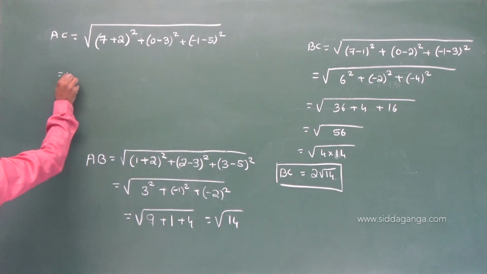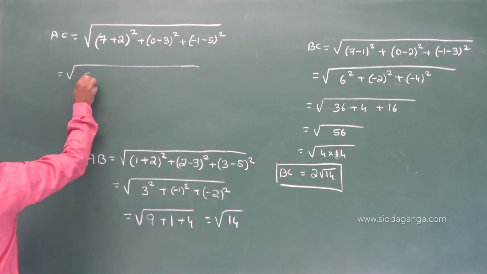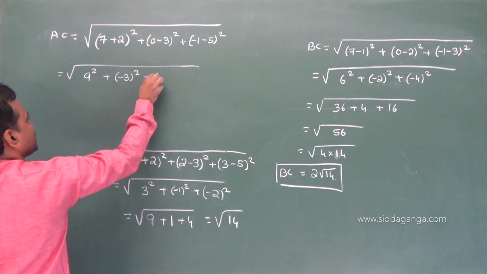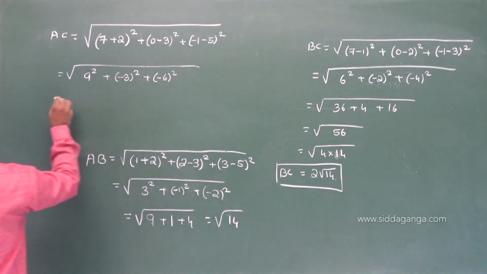So calculate 7 plus 2, 9 square, plus minus 3 whole square, plus minus 6 whole square.